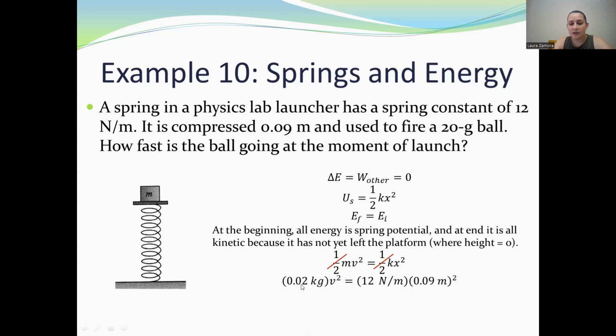So our mass here, which I converted to kilograms by dividing by 1,000, mass times speed squared equals our spring constant times that compression distance squared. When we go through and do that math, 12 times 0.09 squared divided by 0.02, and then take the square root of that answer, we get a speed of 2.2 meters per second.